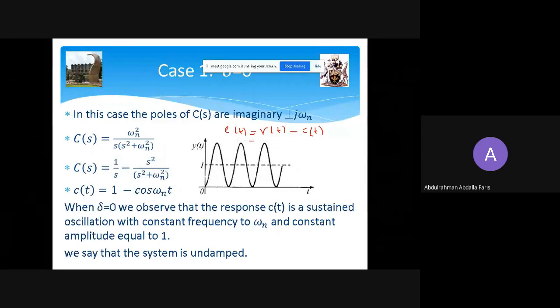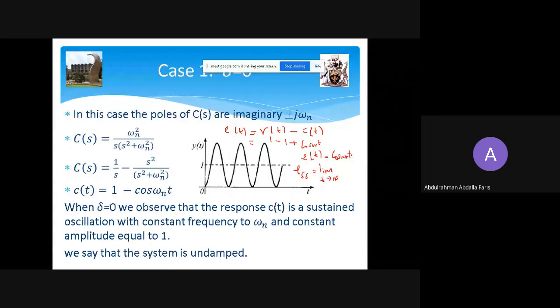We have our input as 1 minus 1, and then this will be plus minus 1, and then that will be plus cos, like that. So we end up with e(t) equal to a cos term with omega n t. ESS is the limit as t goes to infinity.